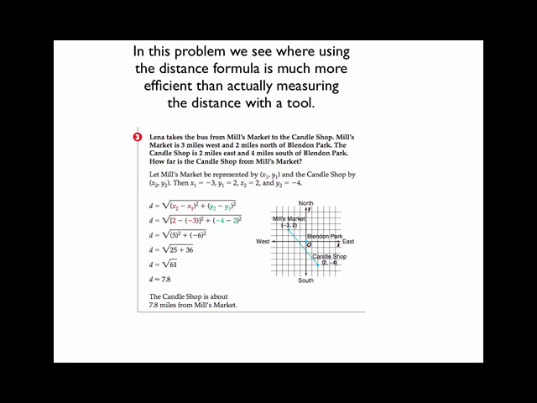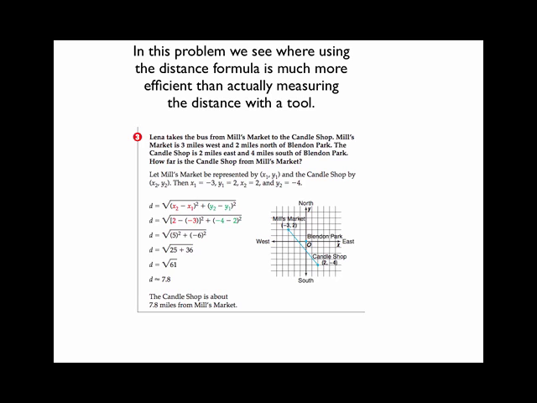In this problem, we see where using the distance formula is much more efficient than actually measuring with a tool. Lena takes the bus from Mills's Market to the candle shop. Mills's Market is 3 miles west and 2 miles north of Blunden Park. The candle shop is 2 miles east and 4 miles south of Blunden Park. How far is the candle shop from Mills's Market?